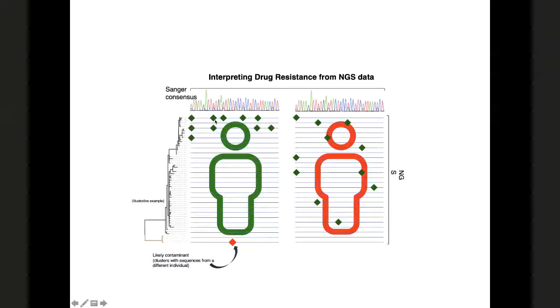But if you look at the green patient on the left, you can see that this virus particle here that has 5 mutations all linked together, I would argue, is likely to be more resistant than any of the virus particles sampled in the red patient. So it's just a simple cartoon, really, to show why I think that looking at drug resistance within host, and spending the time to actually look at the mutational load of each individual read, is the right way to go.